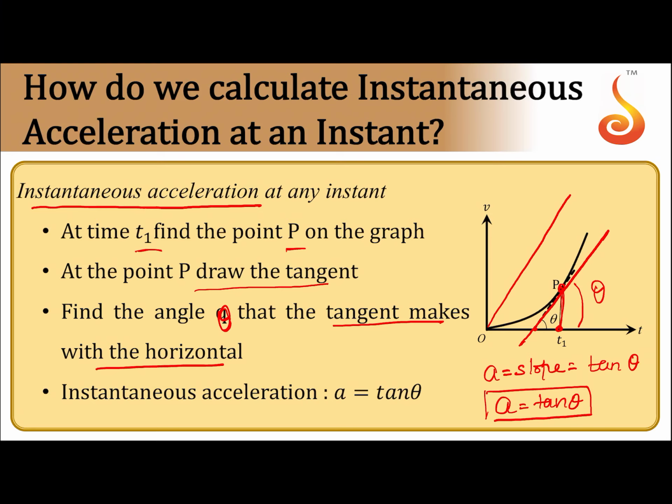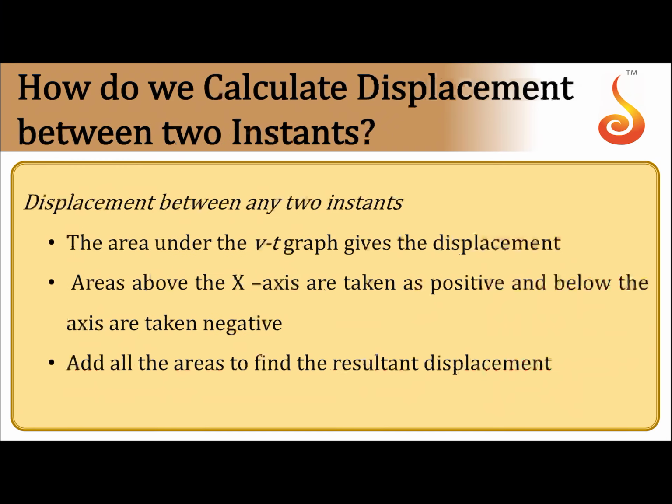Okay. What next? The next is how to calculate the displacement between any two instants. Suppose we have a VT graph like this and let us assume that this is a curve. The area under the VT graph gives us the displacement.